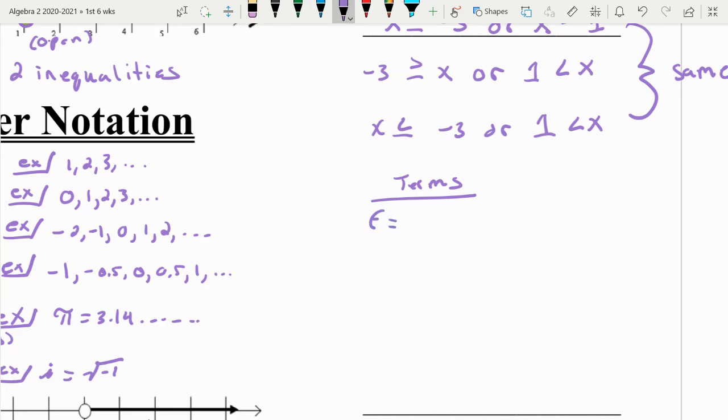This is called element of. Then we have a big old vertical line. This means such that. And then we have these braces, squigglies. That means set of.